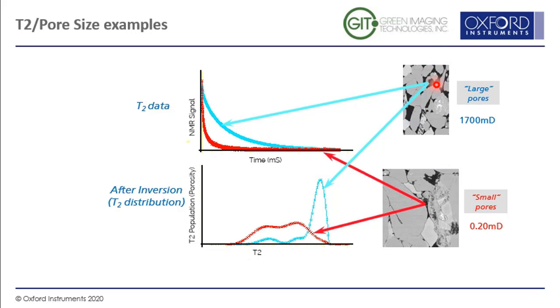Large pores, as in this blue trace, have a relatively long T2, which after inversion shows up as a high peak at the top end of the T2 or pore size scale. Small pores, from the red trace, on the other hand, have short NMR T2 signals, and the inversion shows no peaks at this high end of the scale.